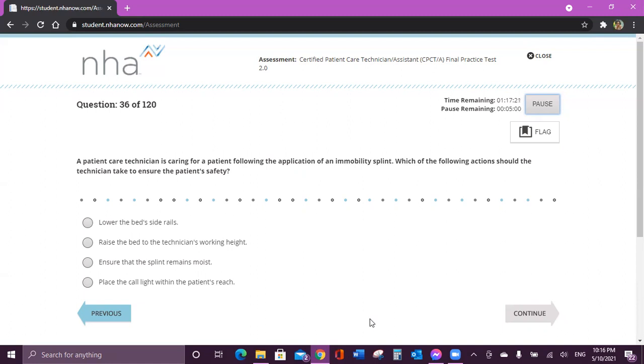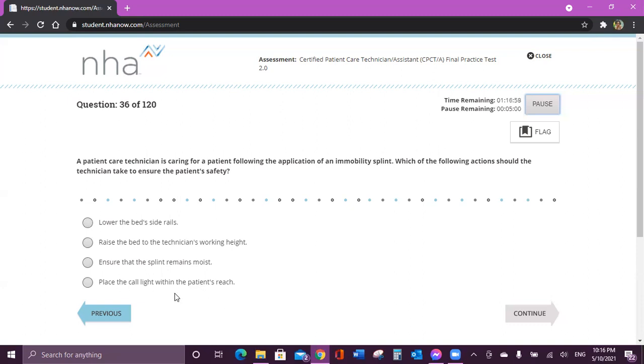So lower the bed side rail, no. Raise the bed, technician work height, ensure that the splint remains moist. Place the call light, me imagino que el call light, porque es para patient safety. Sí, pero está, he's caring for him.